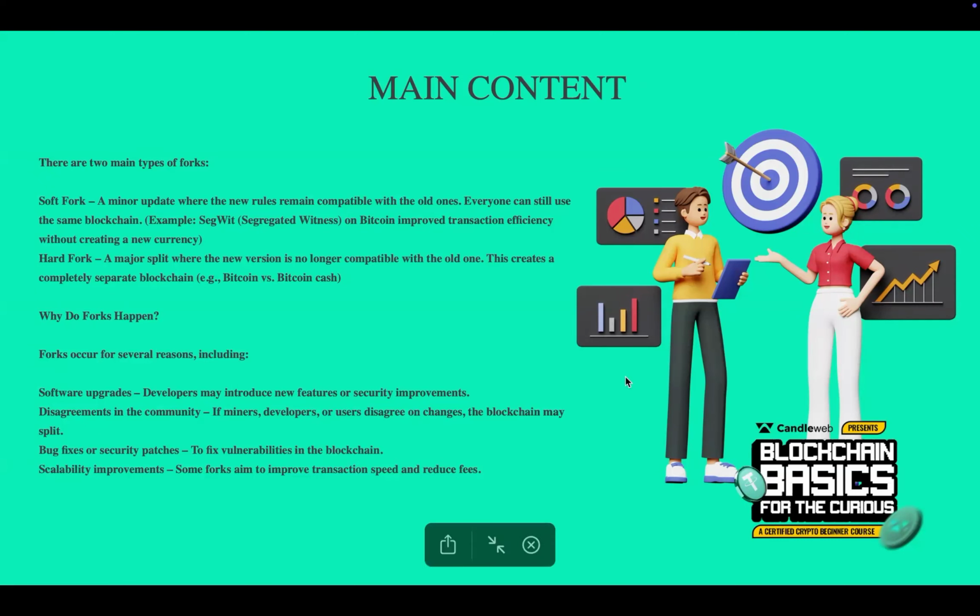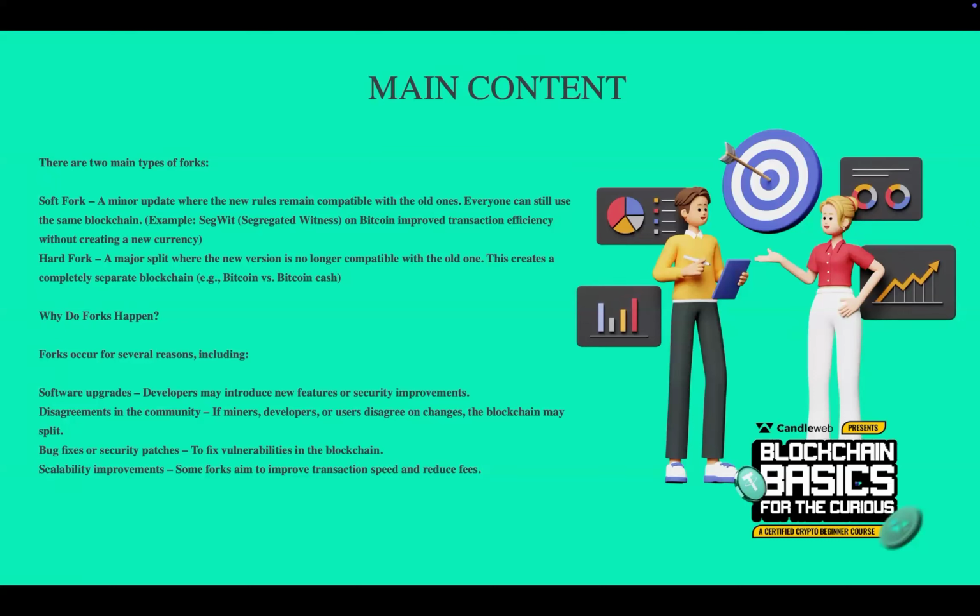So why do forks happen? Basically, several reasons. One will be software upgrade. This is where developers may introduce new features or security improvements. Also, disagreement in the community.